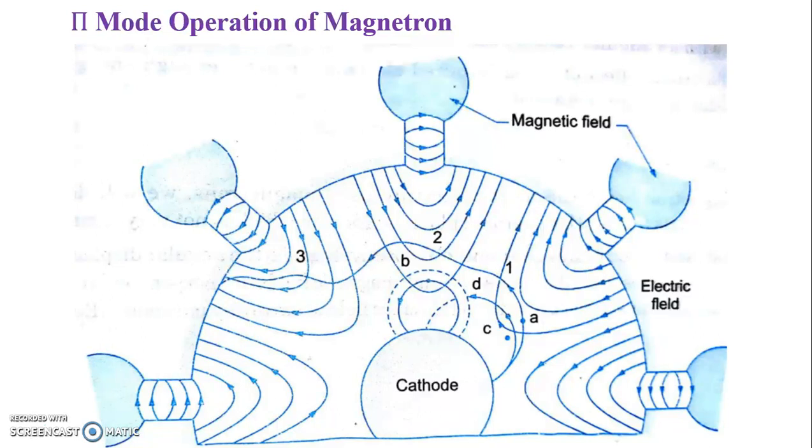This process is called the phase focusing effect, corresponding to a bunch of favored electrons around the reference electron A.